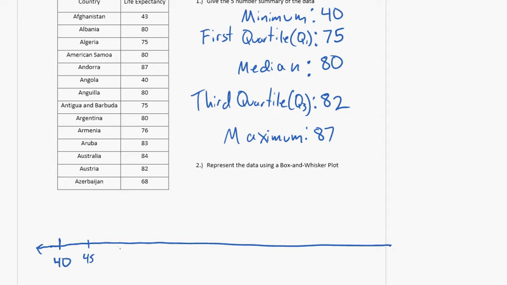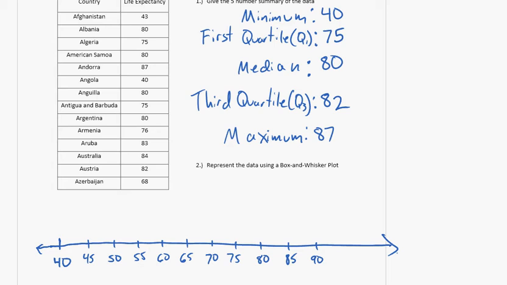Maybe I'll go up by 5: 45, 50, 55, 60, 65, 70, 75, 80, 85, 90. And I think that's good enough because the maximum is going to be 87, so I need that to fit on my number line.